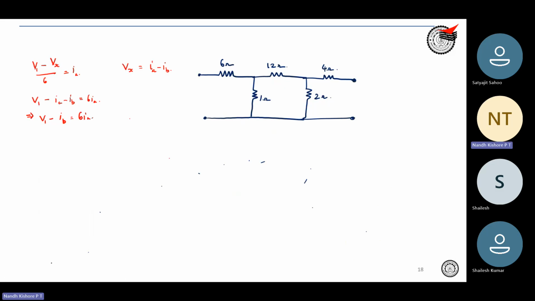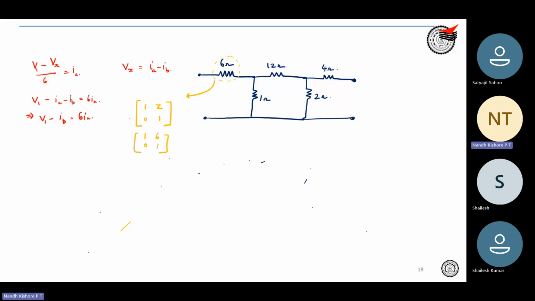Now we'll break this entire network. This is a series element, and it's an impedance. So this element can be represented as 1, Z, 0, 1, a series impedance, which means this can be written as 1, 6, 0, 1.